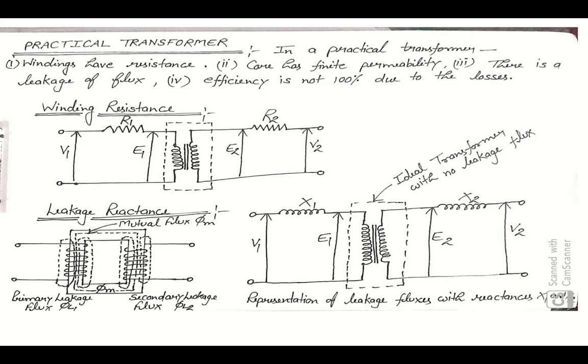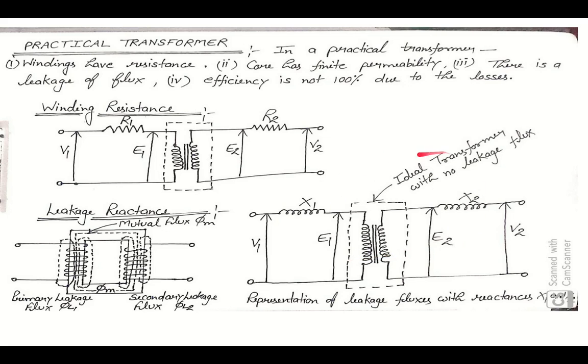In other words, a transformer with magnetic flux leakage is equivalent to an ideal transformer with inductive reactances X1 and X2 connected in series with the primary and secondary winding respectively. You can see here in this diagram.